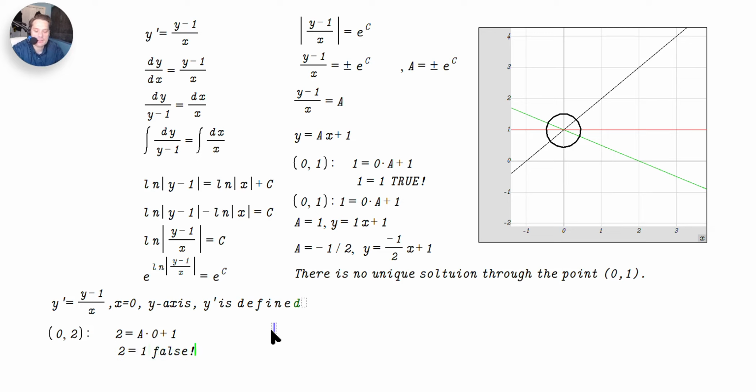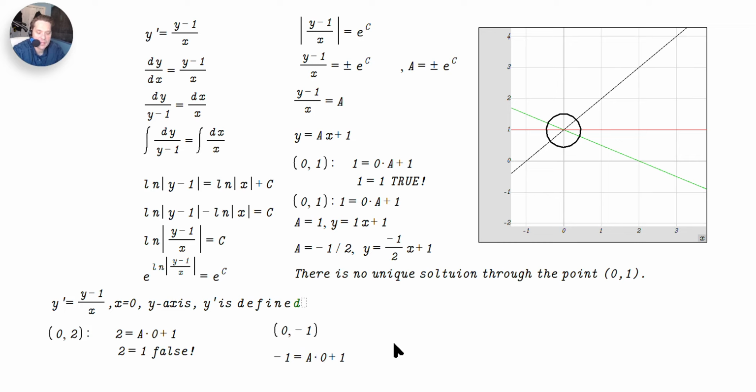Okay, so choose some other point somewhere else on the y-axis as a consequence. Let's say 0, negative 1. So some other point. I'll mark these in the graph in a second. Well, negative 1 is equal to a times 0 plus 1.